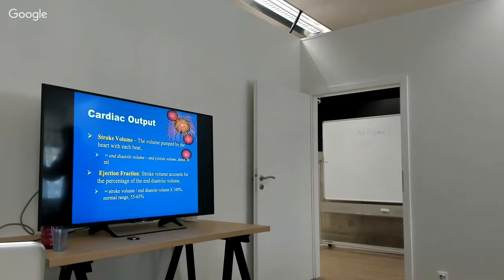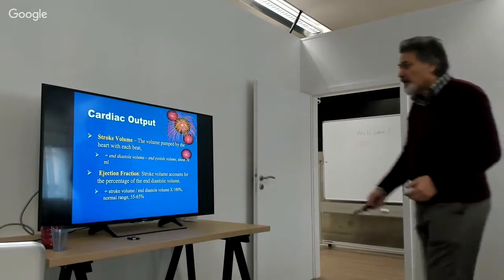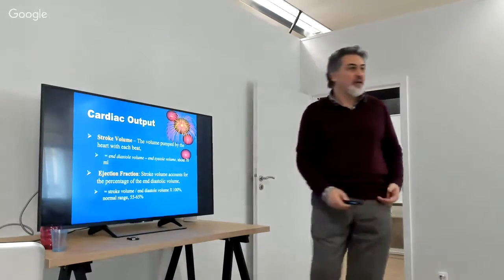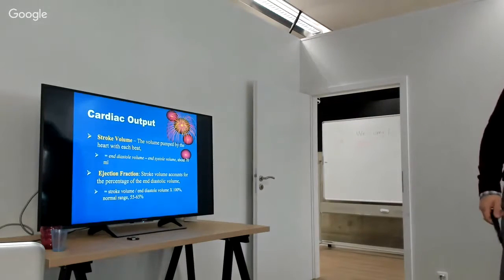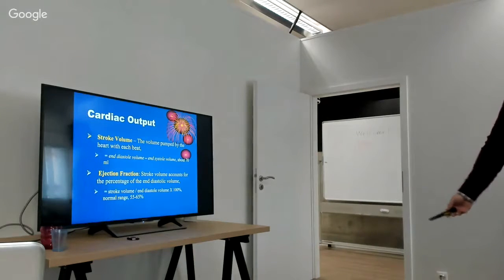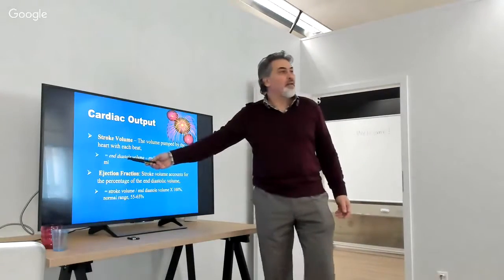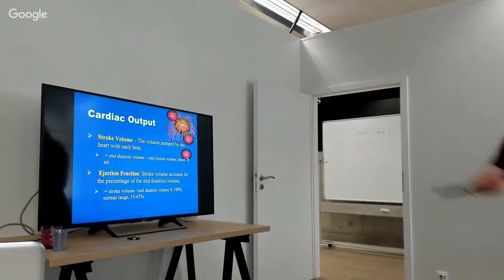So if I know the residual volume and the diastolic volume, diastolic volume minus systolic volume gives me the stroke volume, that is 70 milliliters. Knowing the stroke volume and the diastolic volume, the ratio expressed in percent is the ejection fraction.